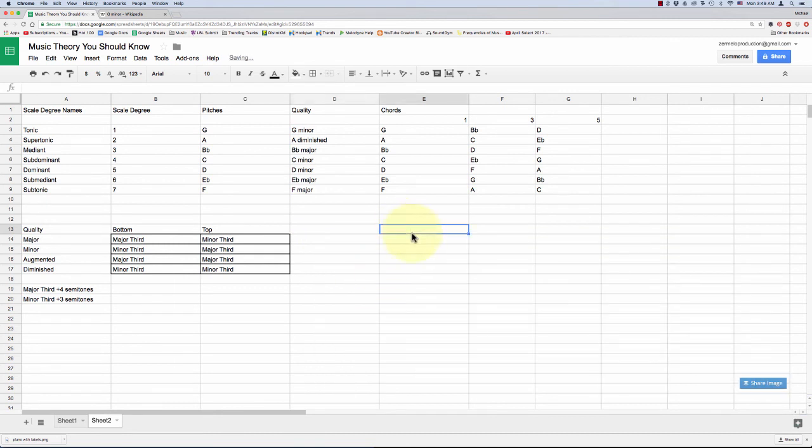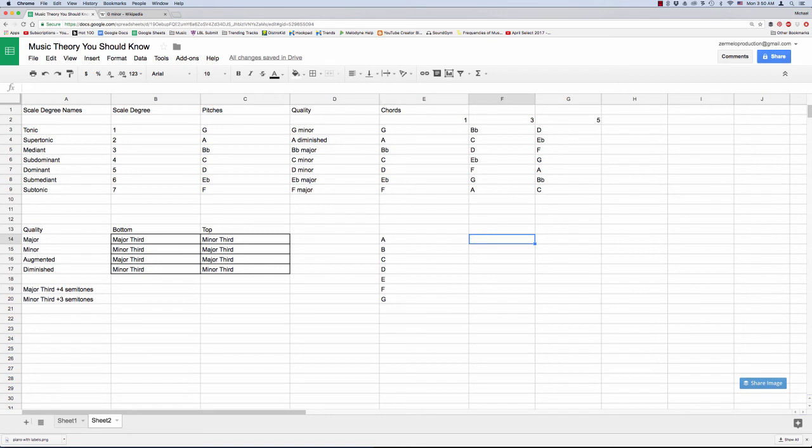All right? So the first thing I want to point out, though, is that if you're in the context of a natural minor key, then this is the order of the chord quality. So for example, if we were in A minor, okay, so A minor is A, B, C, D, E, F, and G. So this is the scale, the A minor scale.